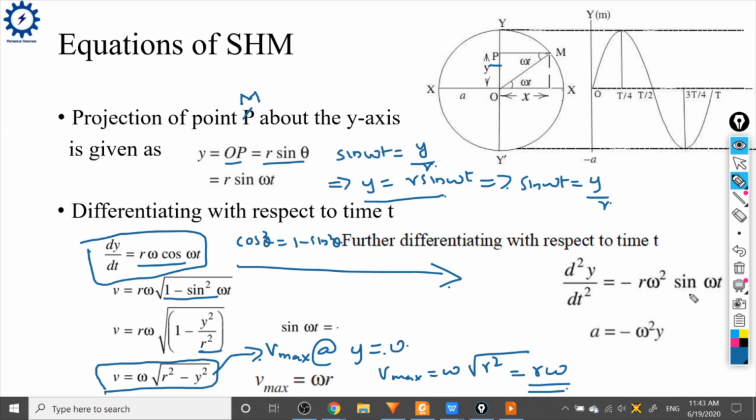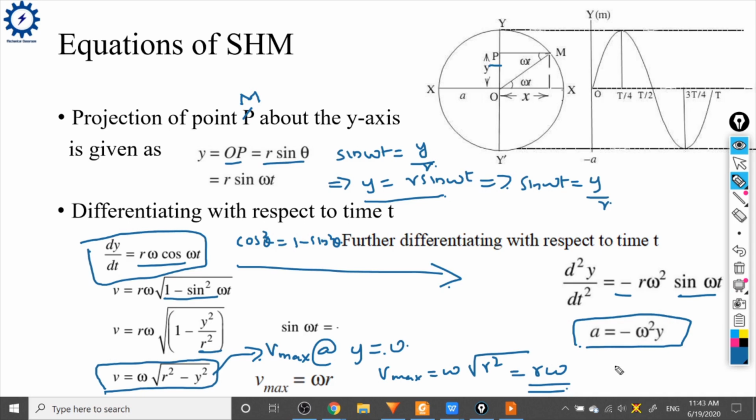When we differentiate cos omega t, we will be getting minus sin omega t, so a minus sign will come here, and an omega will also come. So minus r omega square sin omega t. That is a equal to minus omega square y. This is the expression for acceleration.